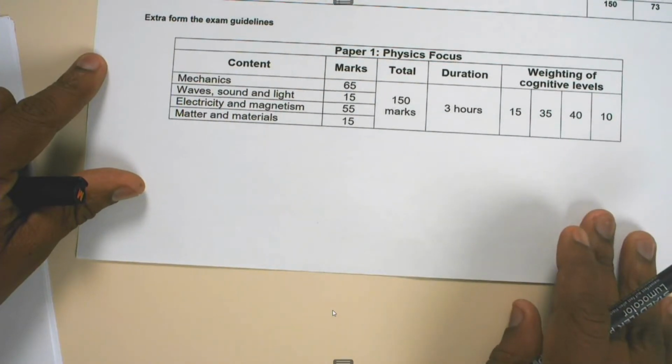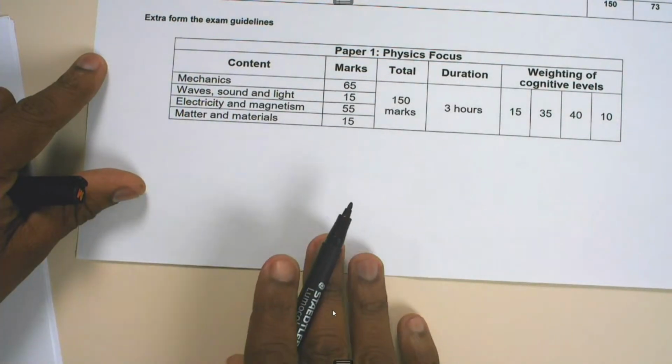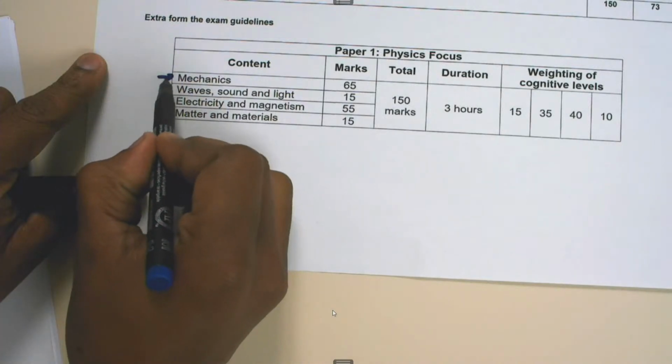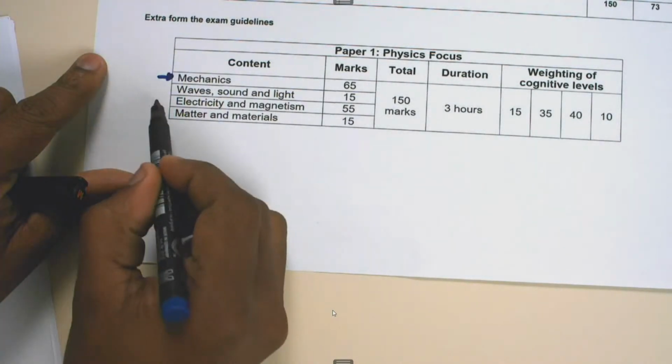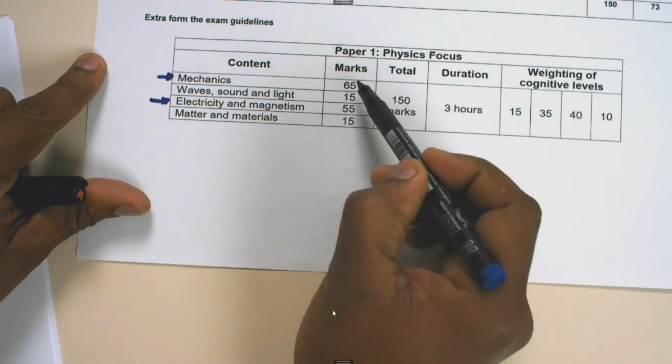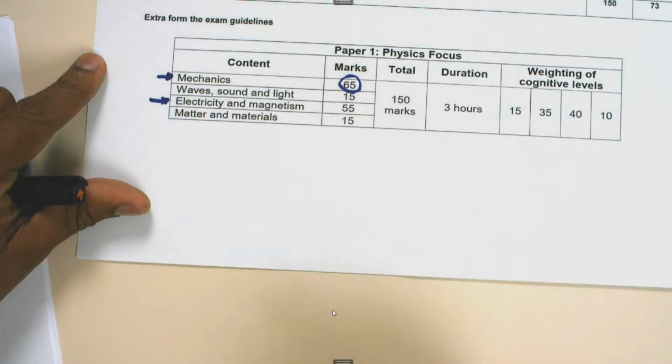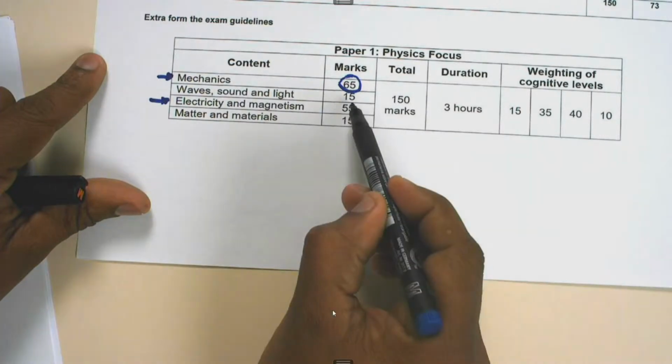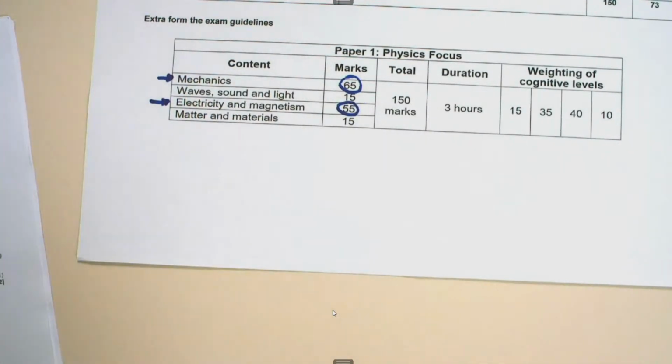So when you look at the table here, it says if I focus more on mechanics as well as electricity and magnetism, I will be able to look into the 65 marks there and also the 55 marks there. So those are the two most important topics that I need to focus on.